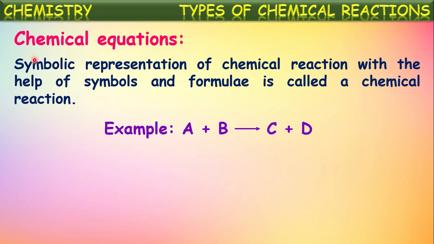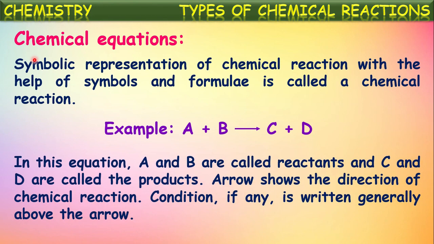For example, if you see A plus B gives C plus D. If we consider this as a chemical equation, in this A and B are the chemical substances which are participating in the reaction. Hence, these A and B are called reactants because they are getting reacted with each other.